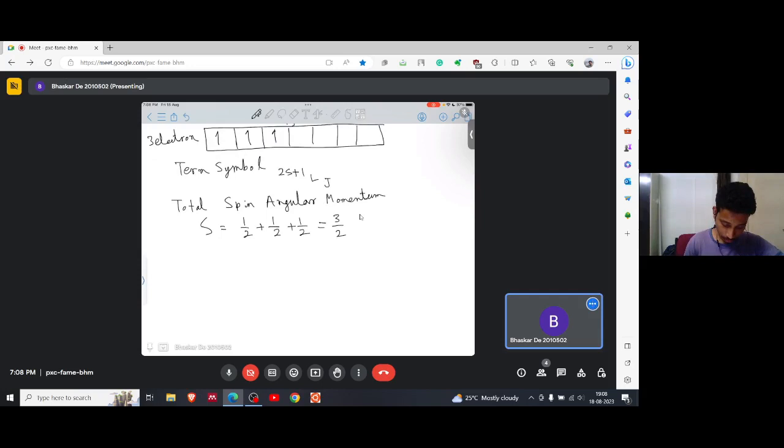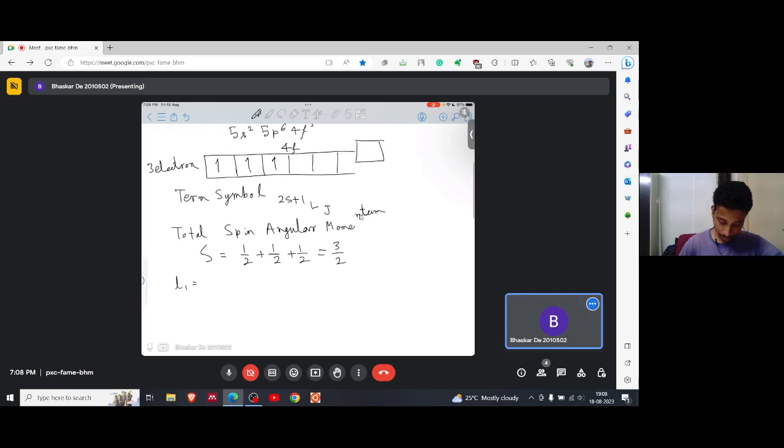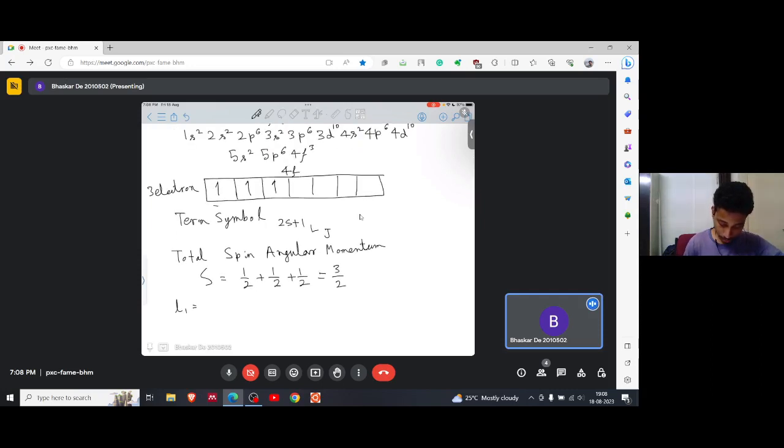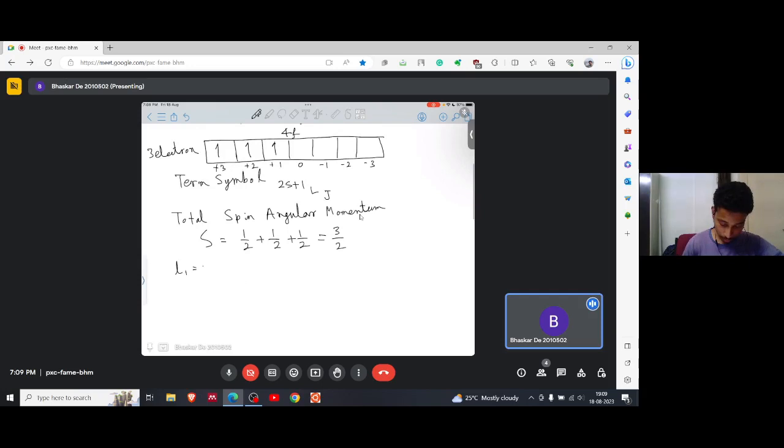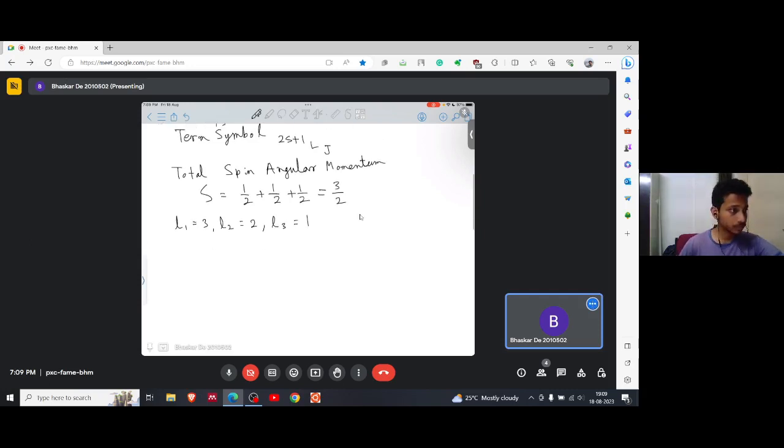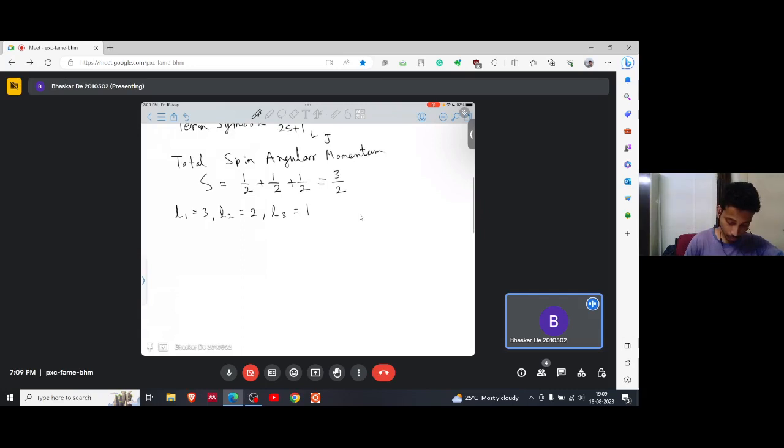Now there are 3 electrons, with m values plus 3, plus 2, plus 1, 0, minus 1, minus 2, minus 3. So L1 equal to 3, L2 equal to 2, and L3 equal to 1. Now capital L equal to the summation of Li, which is 3 plus 2 plus 1 equal to 6.